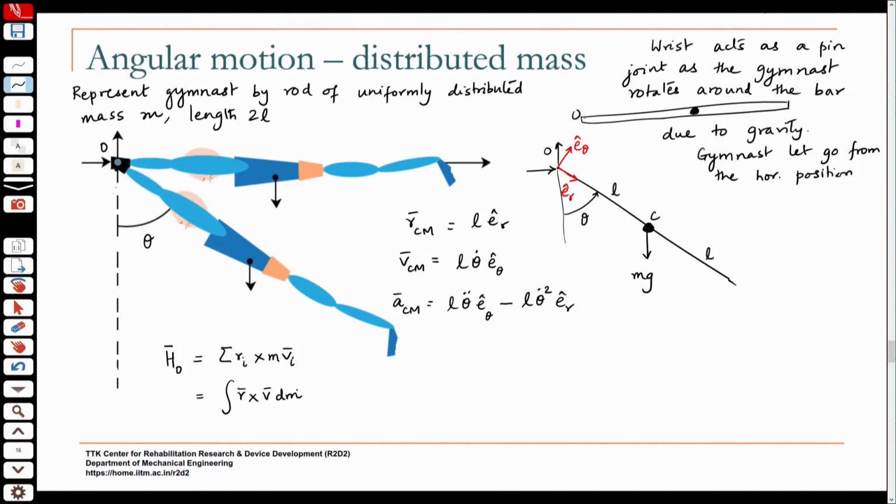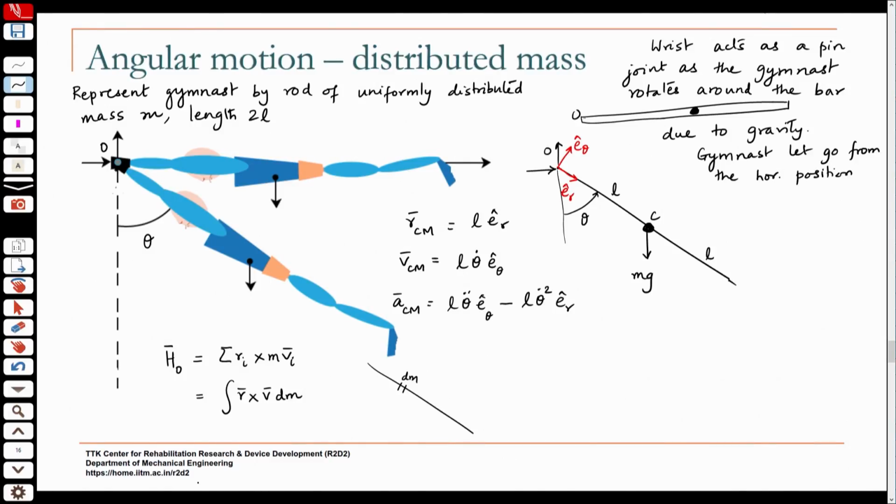I take a slice of mass dm, because the velocity of every point is going to be different, depending on its radial distance from the center of rotation.